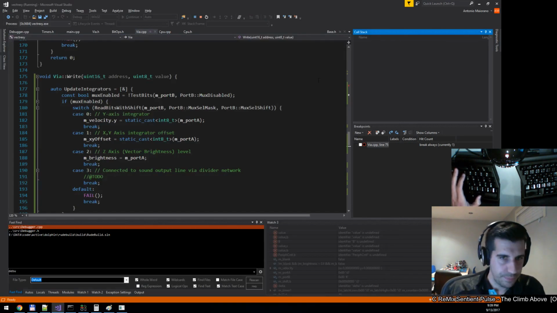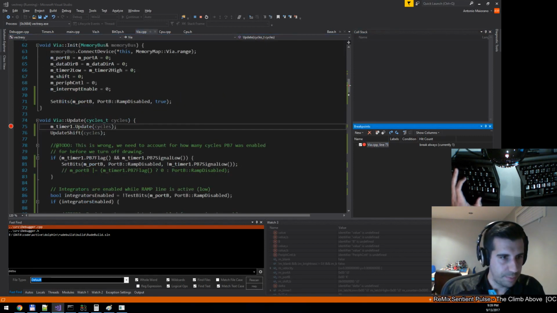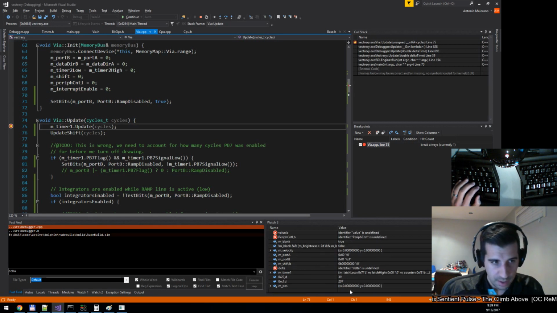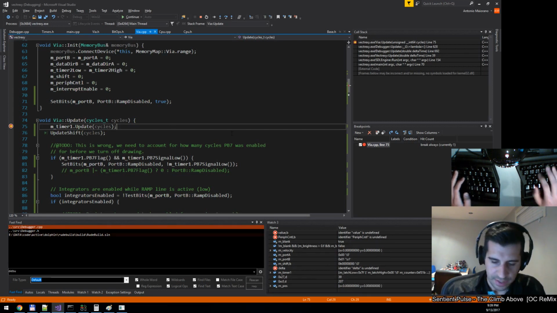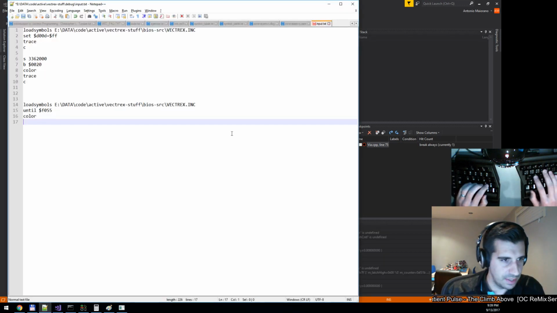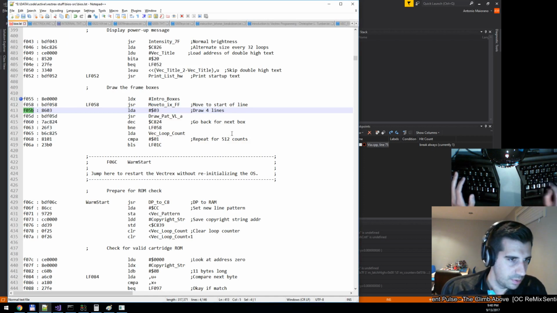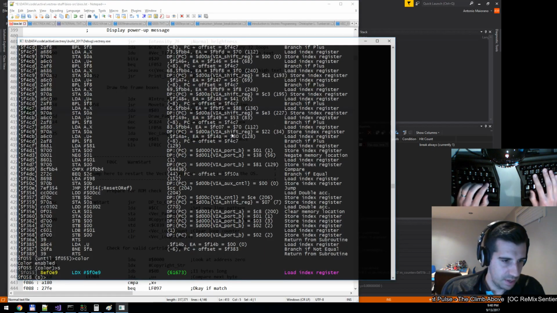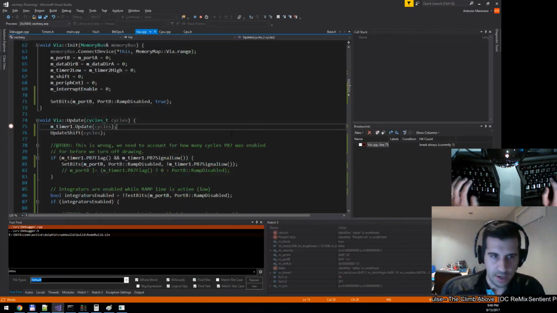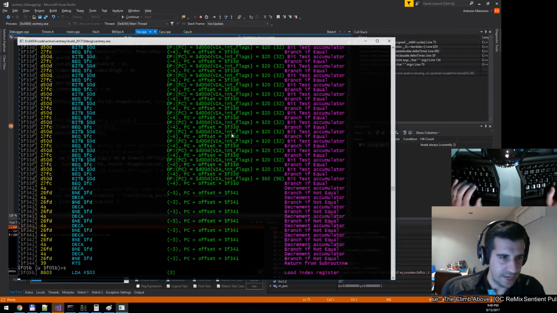Okay, once again, set our breakpoints, step, and we are, oh right, we're at 0 right now, because I need to set my breakpoint to the next location, which is F05B. Okay, re-enable breakpoint, step.